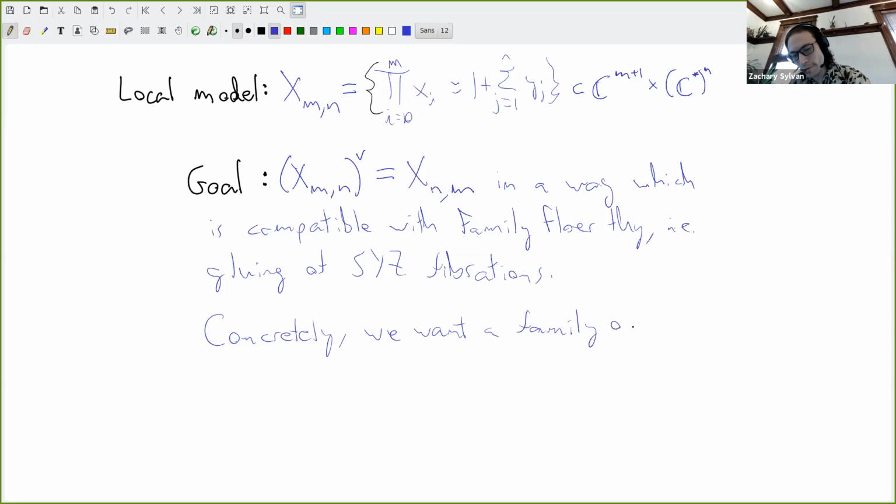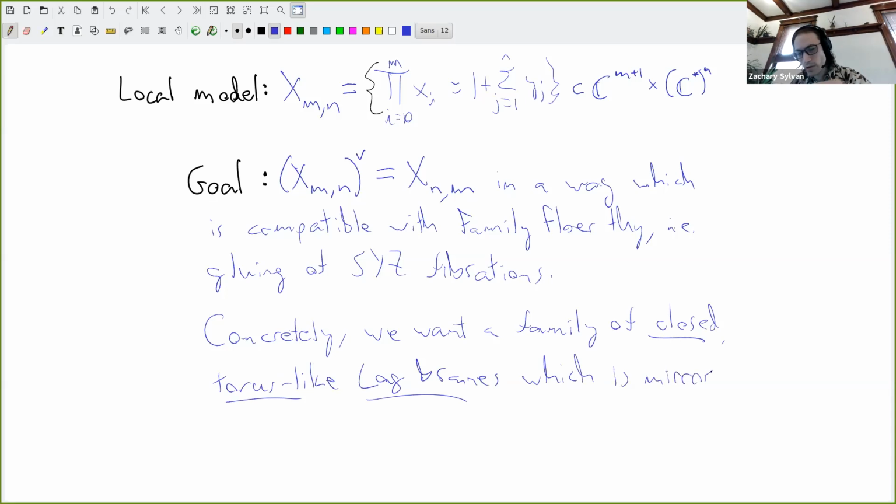We want a family of closed torus-like Lagrangian branes, closed torus-like branes, which is mirror to the space of closed points on the mirror. Okay.